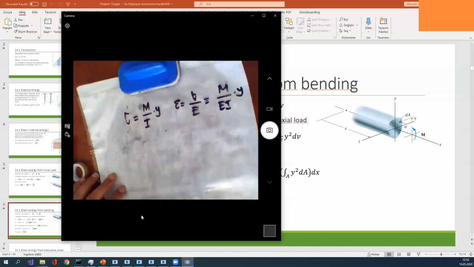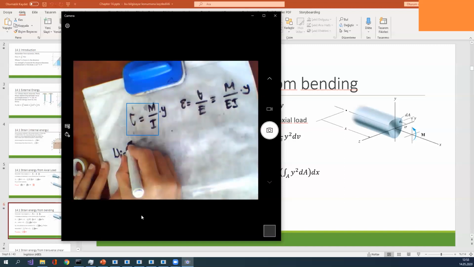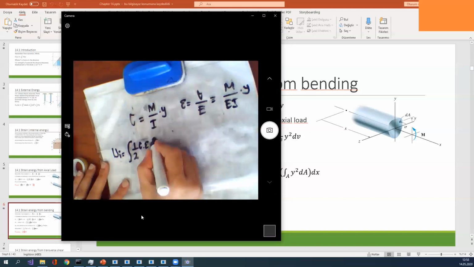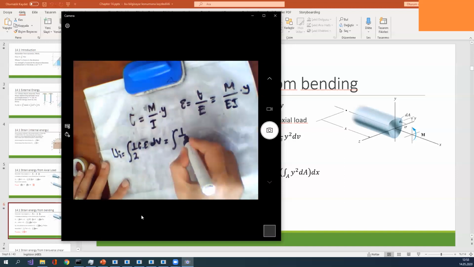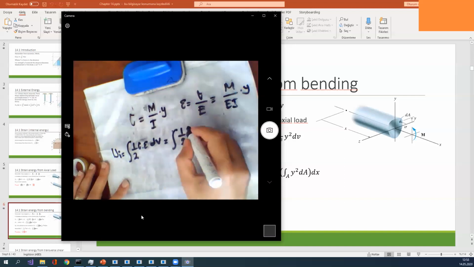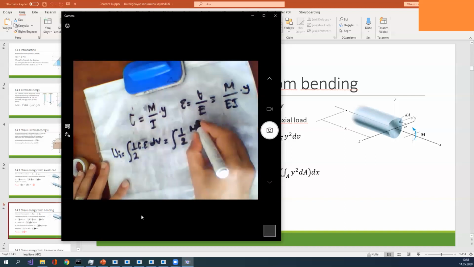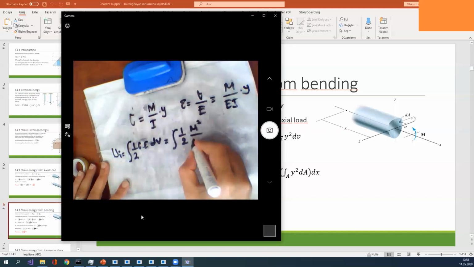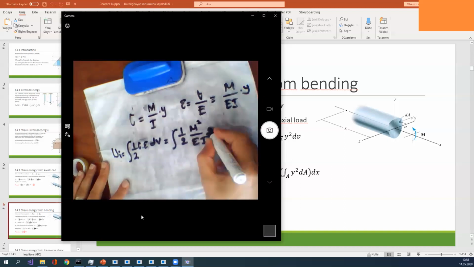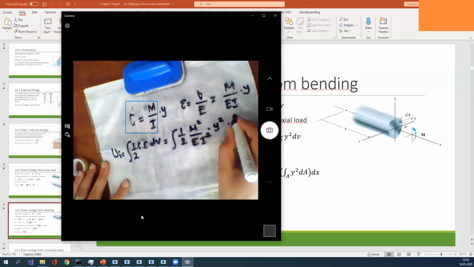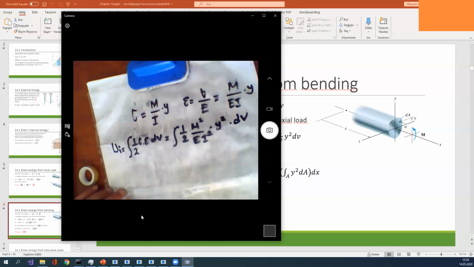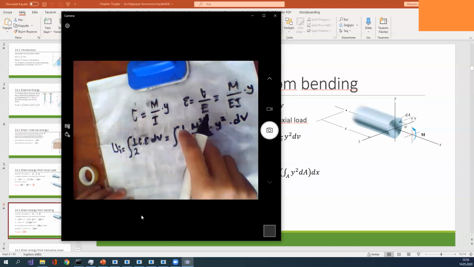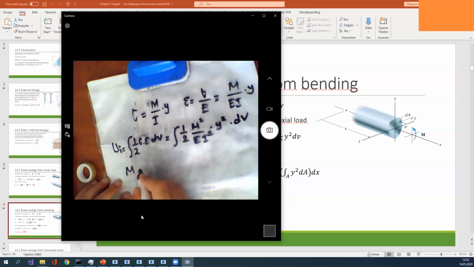So our internal energy Ui is equal to the integration of 1 over 2 sigma epsilon dV, which is 1 over 2 times M square over E times I square times y square dV. And maybe some of you said, Hocam, M is constant, we can take it out of integration. M is not constant, therefore I cannot.